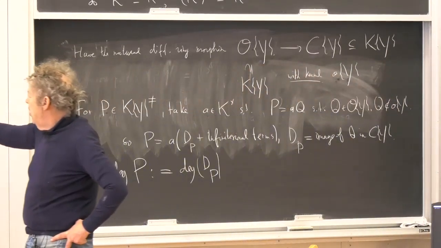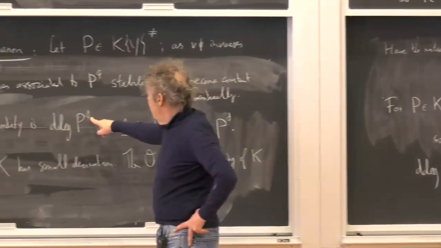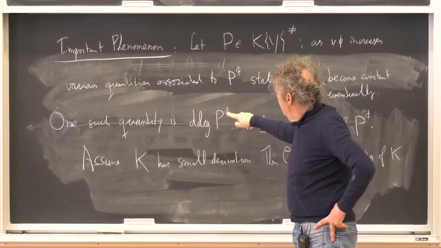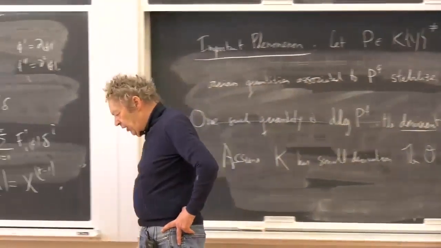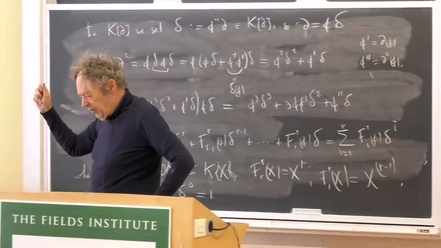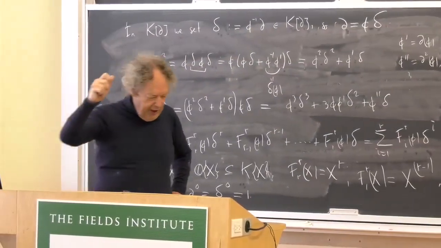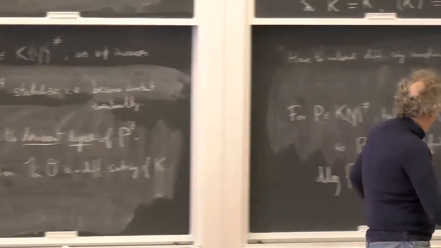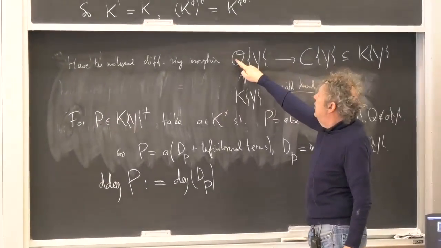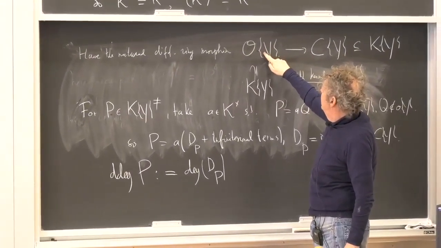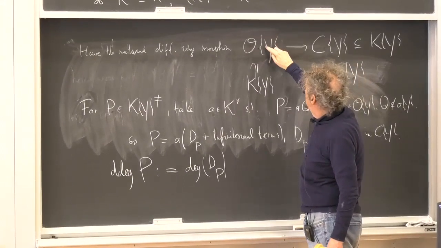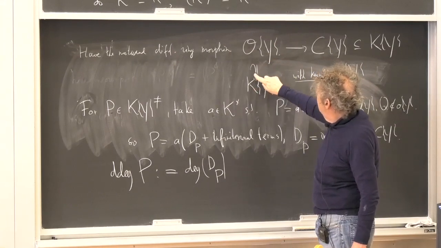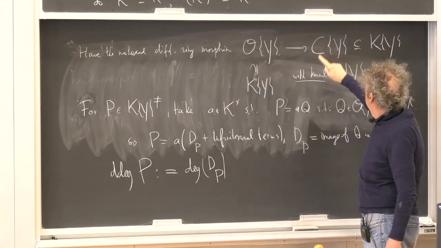And of course, this can also be done when you compositionally conjugate with phi. You are in the situation where K superscript phi has a small derivation, so you can do all that. The valuation ring actually doesn't change. Of course, the differential polynomial ring does, because we will then be in here instead of here. C doesn't change either.